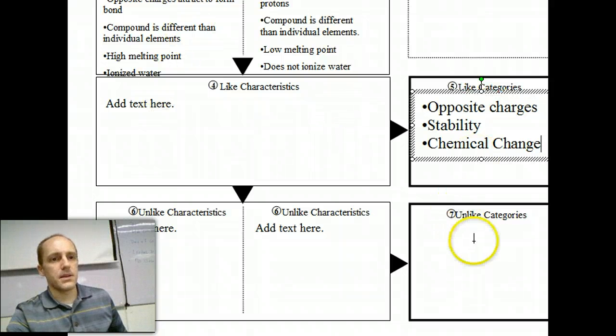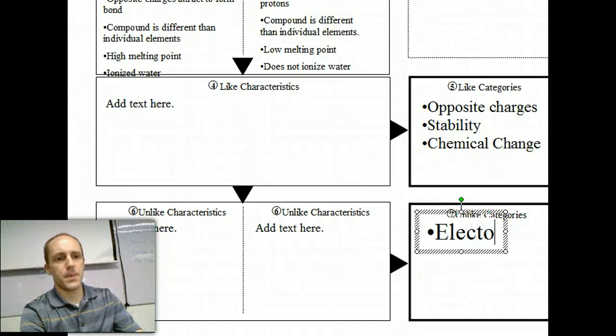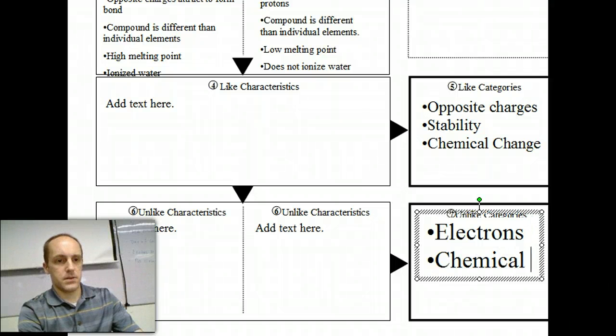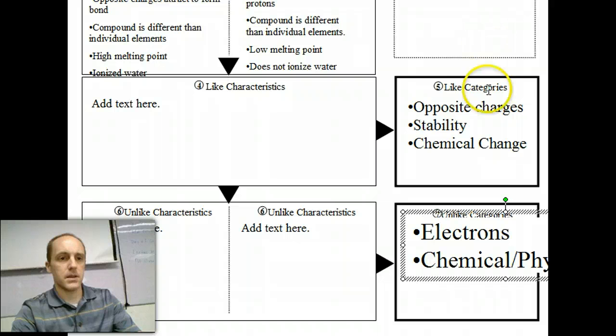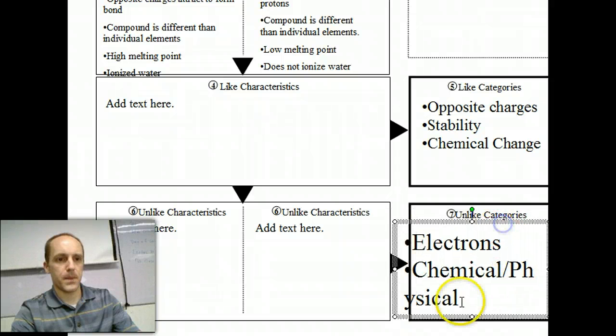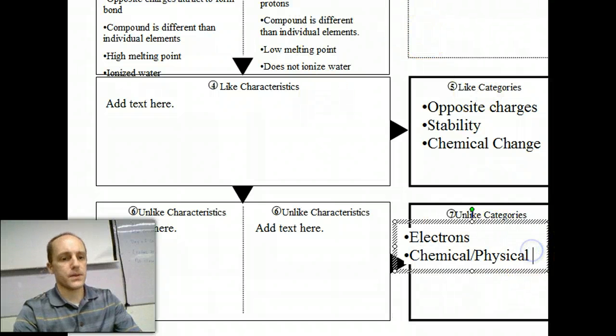Okay, and if we look at the unlike categories, what we want to take a look at here is what happens to the electrons. And then the other thing related to that is this idea of chemical and physical properties.